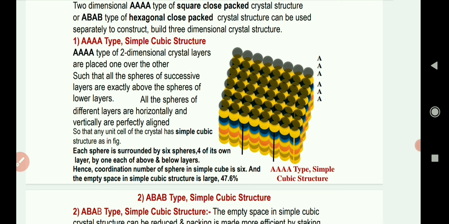That is, all the spheres of different layers are perfectly arranged horizontally and vertically in a three-dimensional manner. Here each sphere is surrounded by 6 spheres, in which 4 spheres are in its own layer. One sphere is in the above layer, and one sphere is in the lower layer.